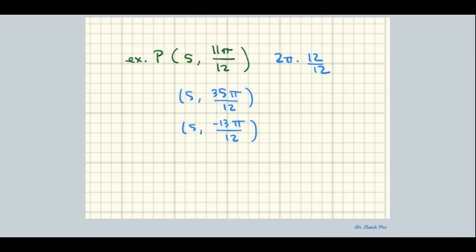Okay, that's one way of looking at it. Now, let's also look at the reversal. Instead of going +5 in the 11/12 pi direction, just so I have an idea what I'm looking at, let me just visualize that for myself. So here's my circle. Here's 0. There's 12 twelfths.